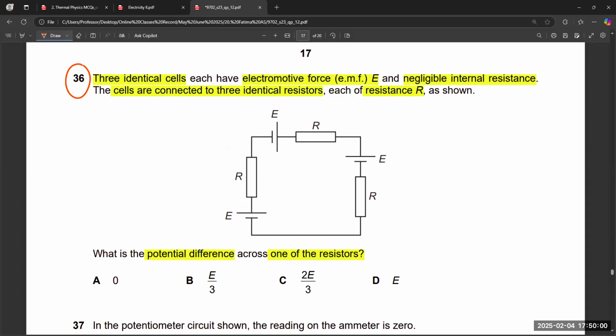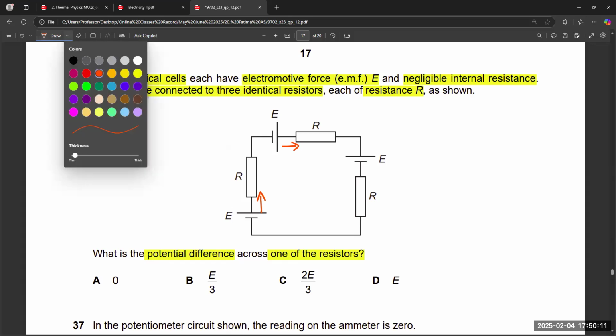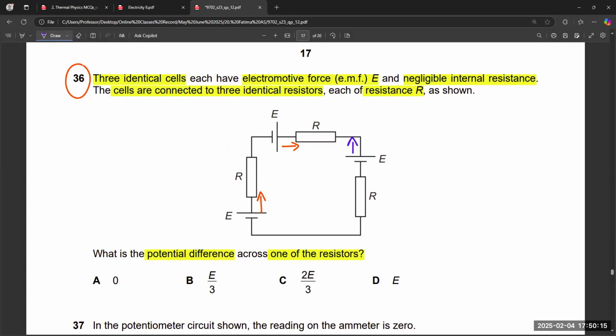So from this diagram, we know that current is passing from this direction, then in forward direction. But from the third one, it will be opposite. This will be negative.